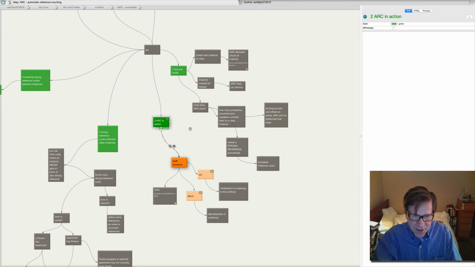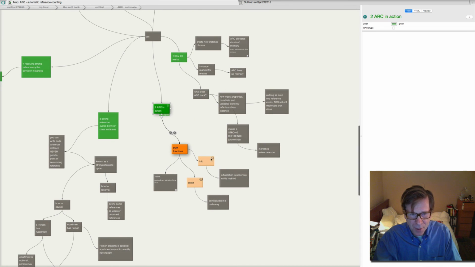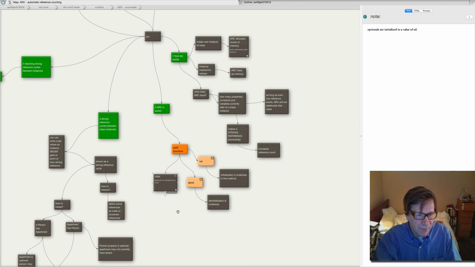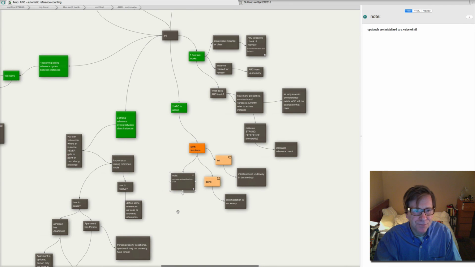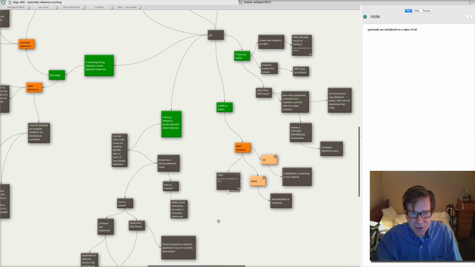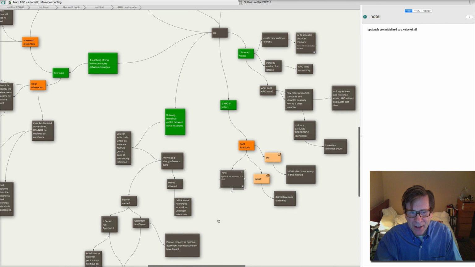In the ARC in action section, we just noticed a couple of Swift functions, init and deinit. Nothing particular going on there. And then we're going to discuss strong reference cycles between class instances.